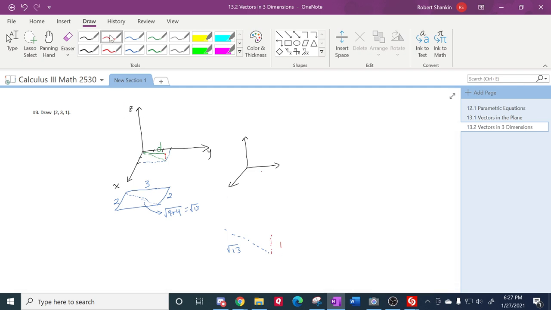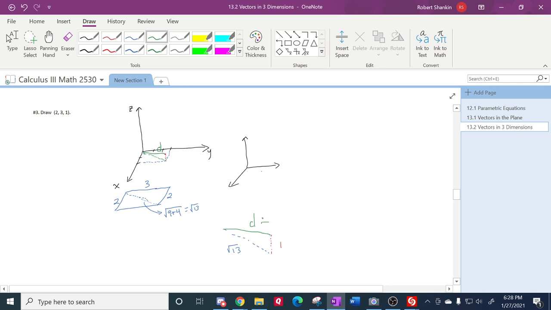And then we're trying to find this distance. And these are at right angles to one another. So once again, we'll use the Pythagorean theorem.